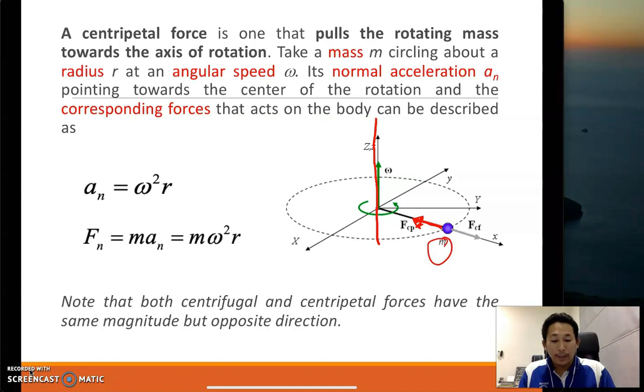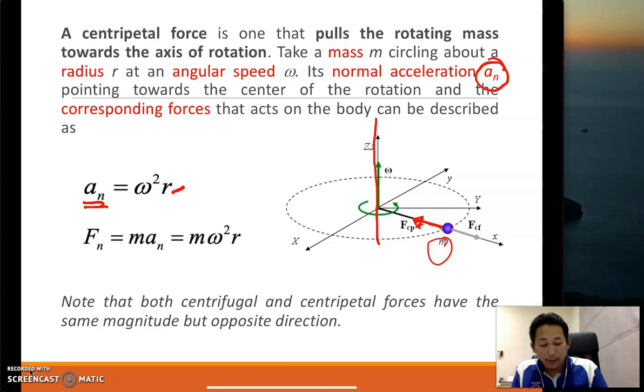Take a mass M circling about a radius r at an angular speed. Its normal acceleration points towards the center of the rotation, and the corresponding forces that act on the body can be described as follows. We have the normal acceleration an as omega squared times r, the radius.